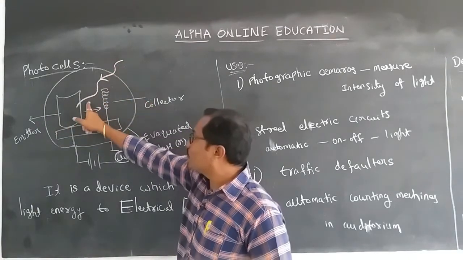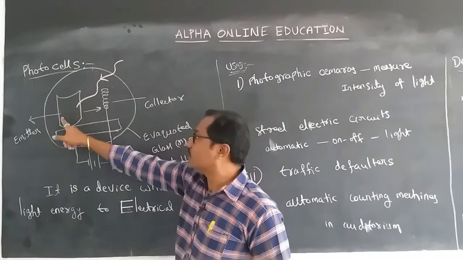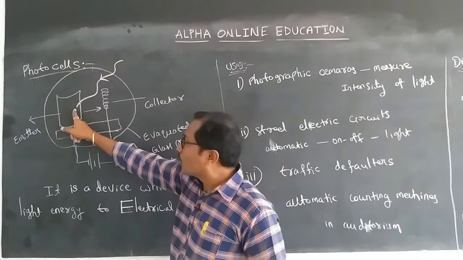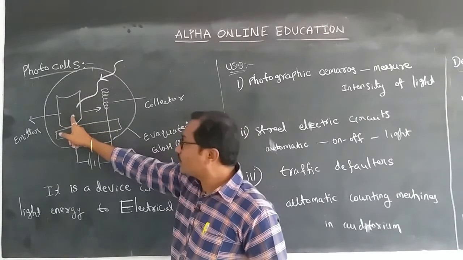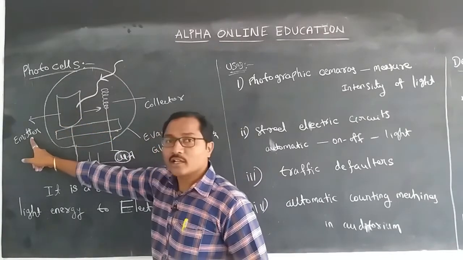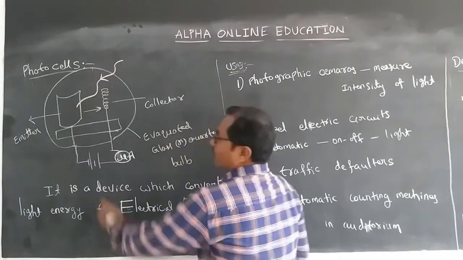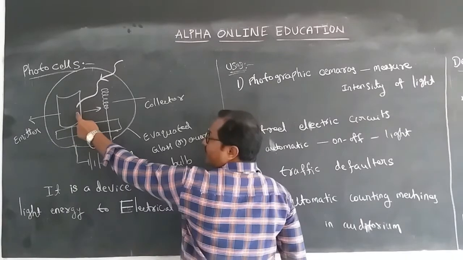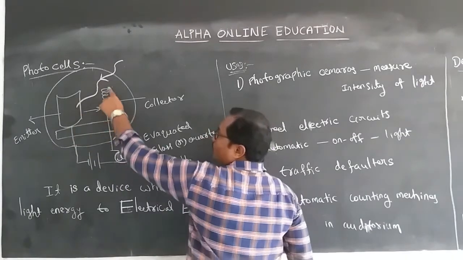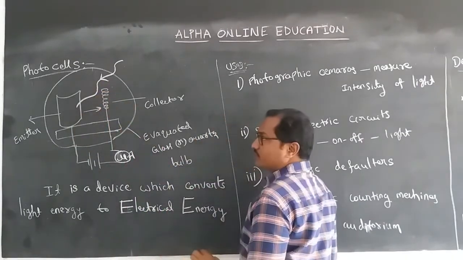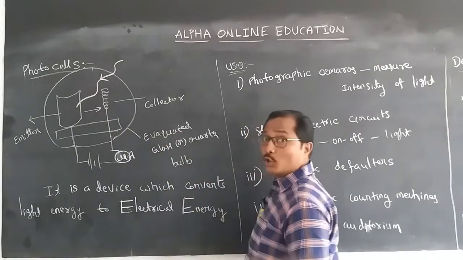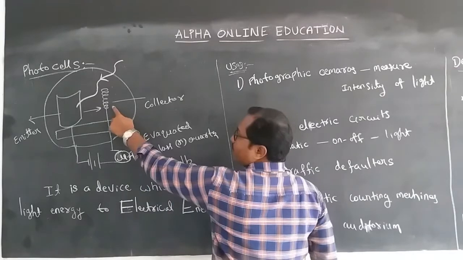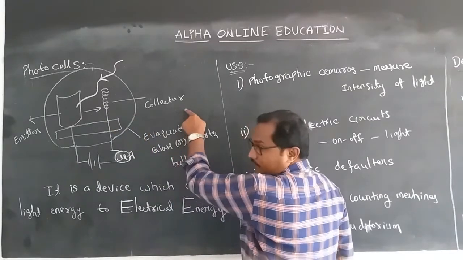Whenever light is incident on this photocell, the photoelectric effect happens, so it produces electrons. In another way, this is also called the emitter. This emitter produces and emits the electrons, and this anode, the wire loop, collects the electrons. That's why it is called the collector.